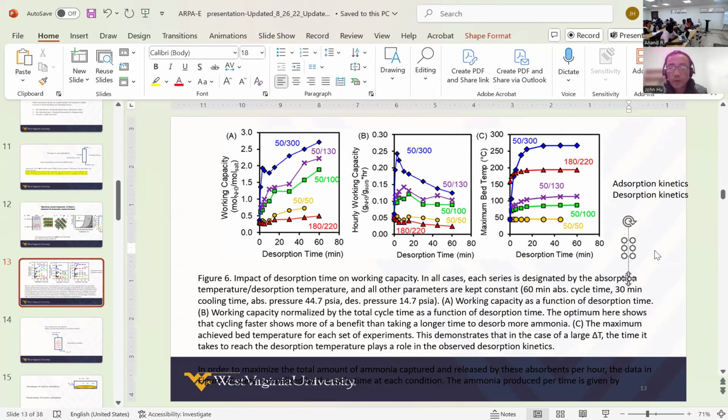What's important to remember is grams of ammonia per gram of catalyst per hour. Here it's the same thing. If this hour is too long, the number gets lower. So the shorter the better; the shorter, the higher the capacity. That's why the raw data is very important. It helps you design the absorber.